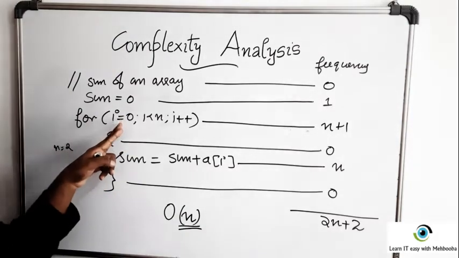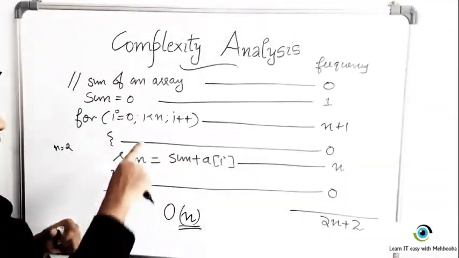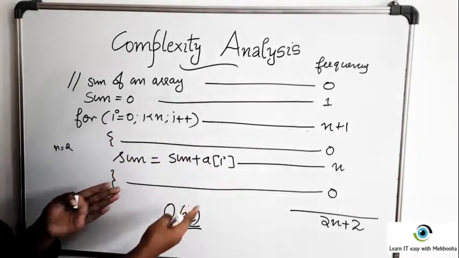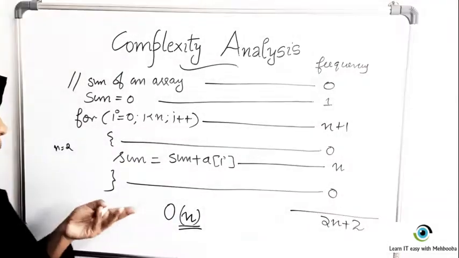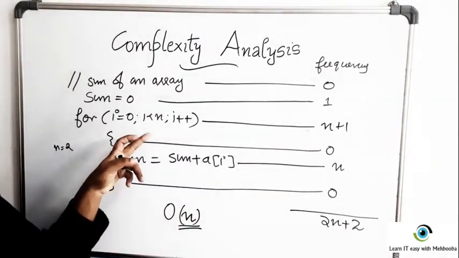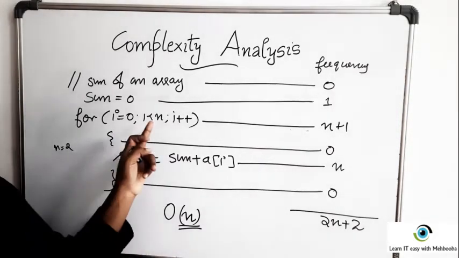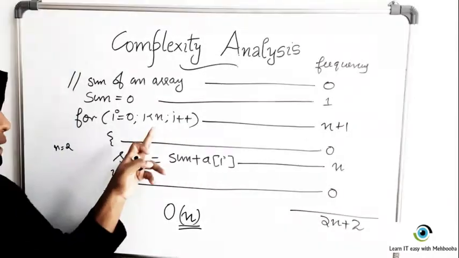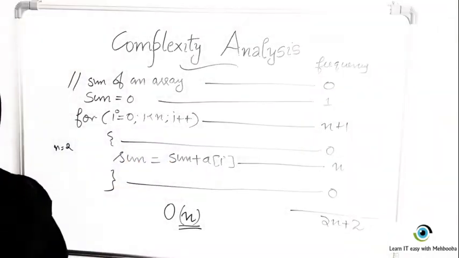See here, for i is equal to 0, i less than n, i plus plus, in this case we are simply finding the sum of the array. So n is definitely the total number of elements in the array, or the number of elements that we are considering. So what does this mean? This complexity means that as the size of n, that is, the size of the input, increases, the running time increases linearly.